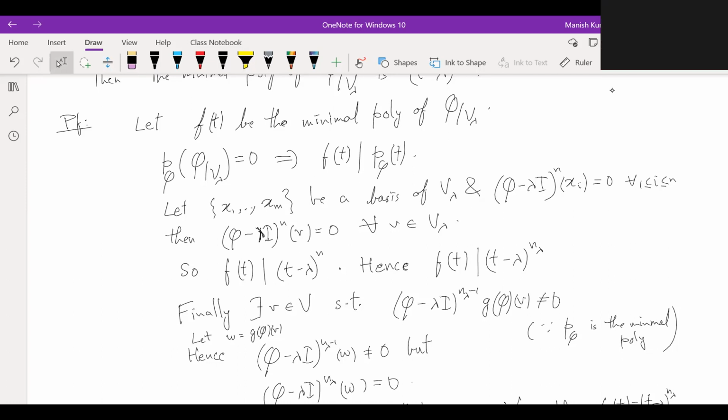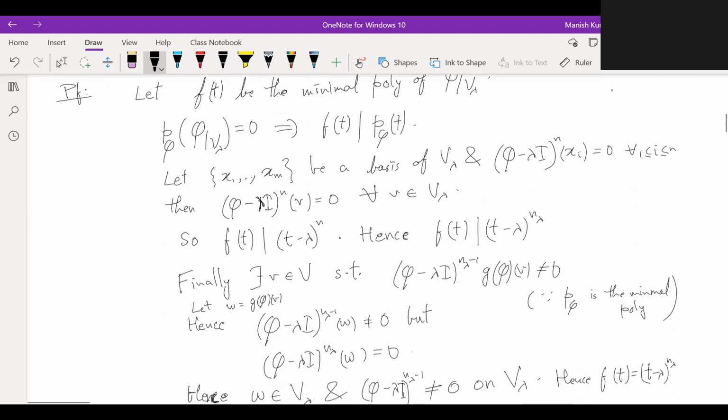Good. So now you take W to be g(phi) applied to v. That is another element of your vector space V. Then if you apply (phi minus lambda I) to the power n lambda minus 1 to W, it is non-zero, which follows from the previous one.